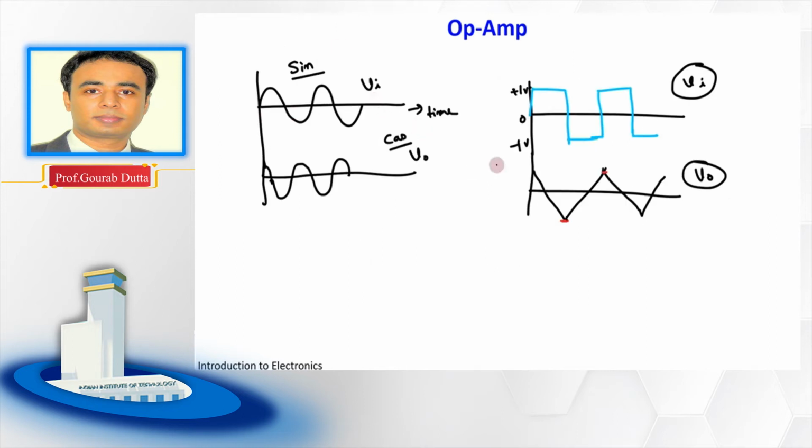Similarly here also for this integrator, this slope will depend on R and C. So the magnitude of this output waveform depends on the value of the resistance, the capacitor, and also on the frequency.